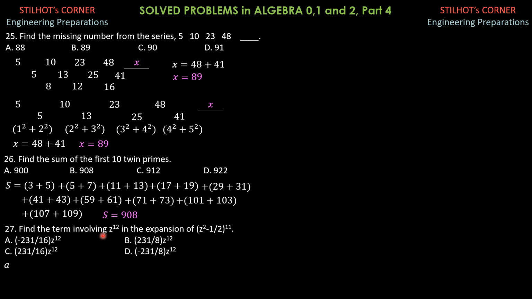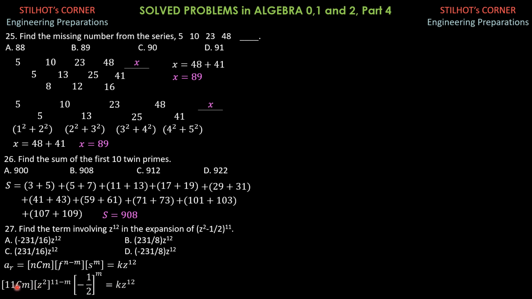So we'll just set up the rth term, which is n combination m, first term raised to n minus m, second term raised to m. Then it is equated to coefficient constant, then z to the 12. So substitute 11 combination m, quantity z squared to the 11 minus m, then quantity negative 1 half raised to m equals kz to the 12.